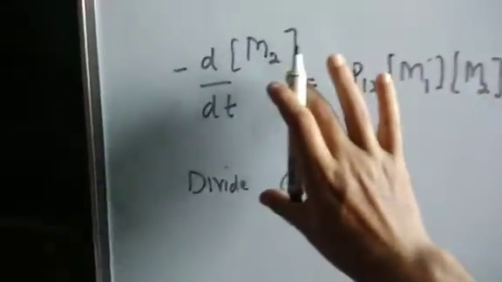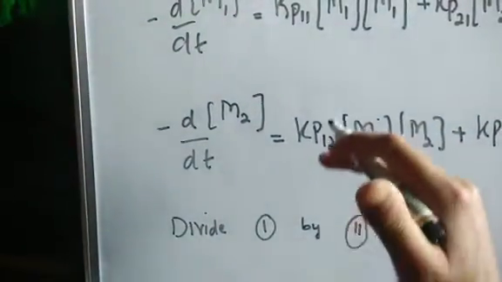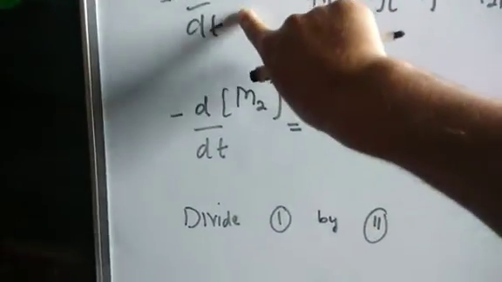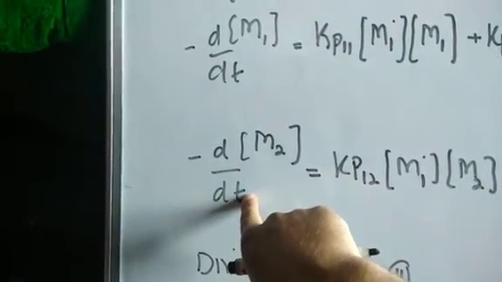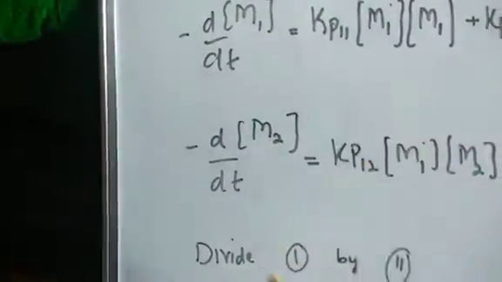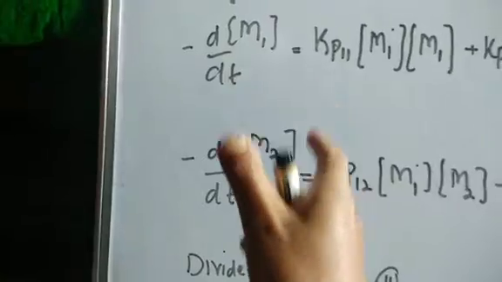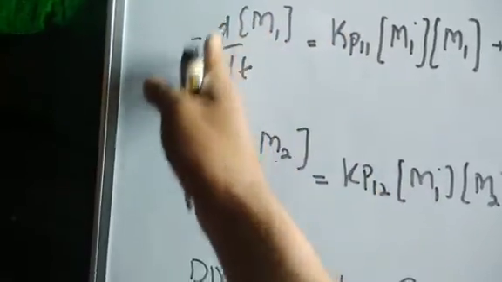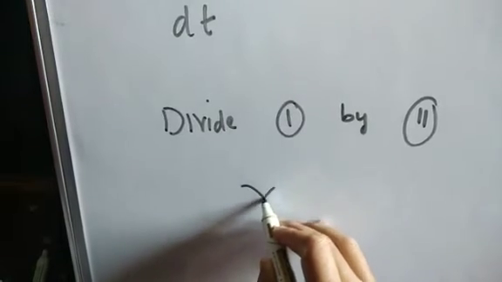When you divide these two relations, one by the other, by dividing this, we are trying to obtain the ratio of monomers M1 and M2 in a particular copolymer. This ratio on the right hand side we designate by gamma.